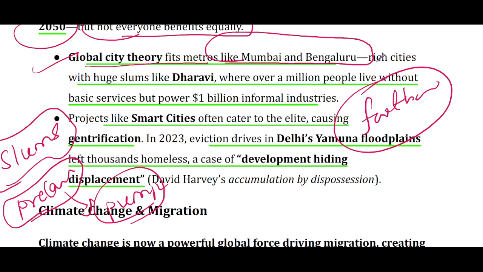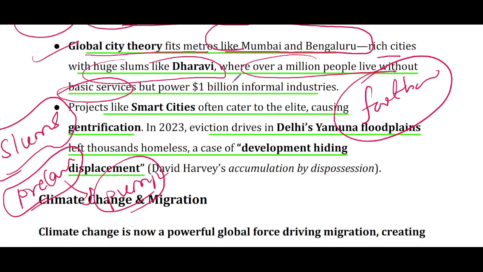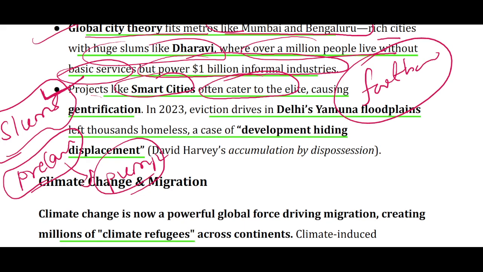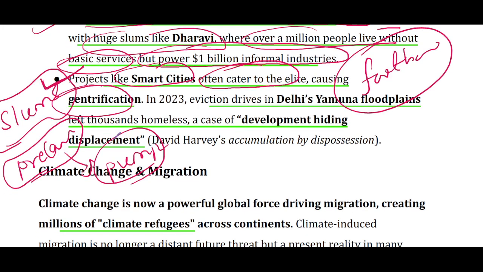These rich cities have huge slums like Dharavi, where over a million people live without basic services. But these people also power the 1 billion informal industries. And many coveted projects like smart cities are there to cater to the elites, and this causes gentrification.